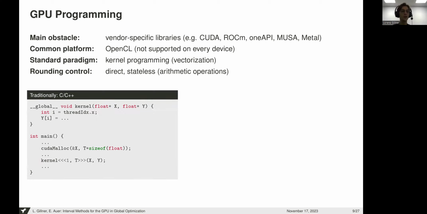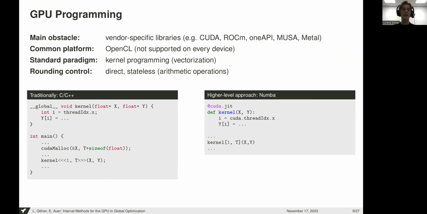So traditionally, we would program a GPU in something like C or C++. However, this requires a lot of boilerplate code, memory allocation, memory deallocation, and so on. So there has been a shift in programming language development, or a general industry trend, of writing high-level GPU programs by taking a very simple language like Python, for example, and extending it with some GPU functionality.